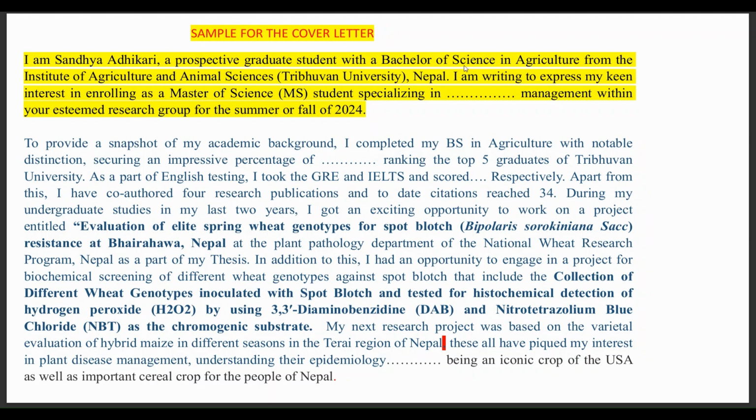At first, here is my introduction, like where I graduated, and I'm expressing my interest in enrolling as a master's student, specializing in these areas. In the second paragraph, written in blue letters, I have provided a snapshot of my academic background, and then my strengths. Sometimes I send them after I get my GRE and IELTS scores. I mention my GRE and IELTS scores there, and my research publications, because I want to show my strength there.